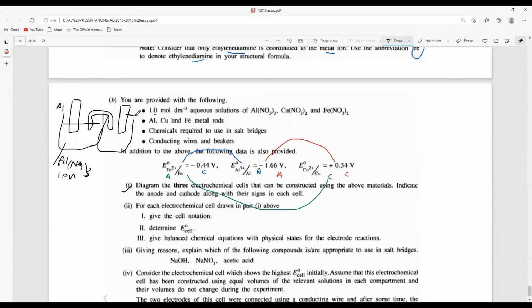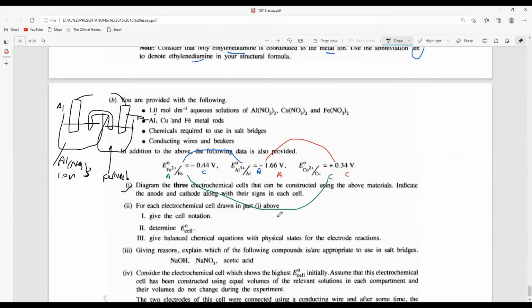And here, if this is anode, this is cathode, so this should be iron, and my solution should be ferrous nitrate, Fe(NO3)2. So we have been given these beakers, and you can put in the conducting wires, that's all. So you can draw this 3 times using three different combinations, and finally you get it.